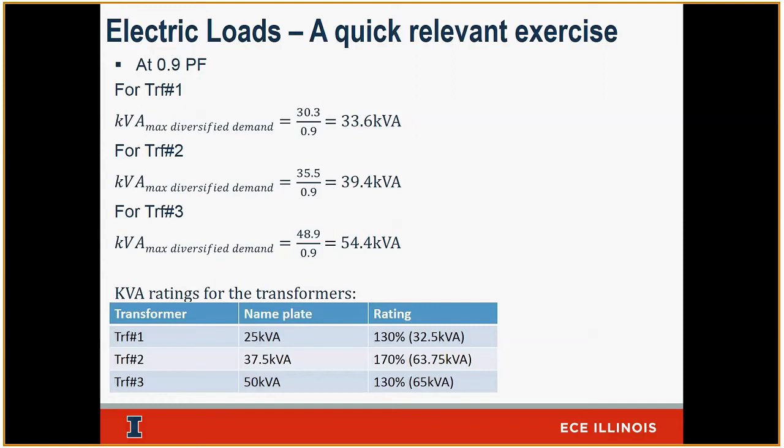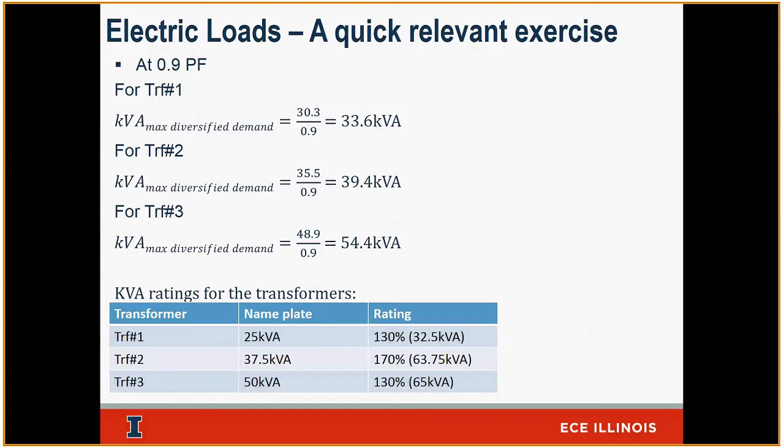So on a 25 kVA transformer, that's 32.5. Makes sense? On overhead, the ones that are on top of the pole, the 130% criteria is for underground transformers. For overhead, we can load them all the way to 170% of their nameplate rating, without really damaging the transformer.